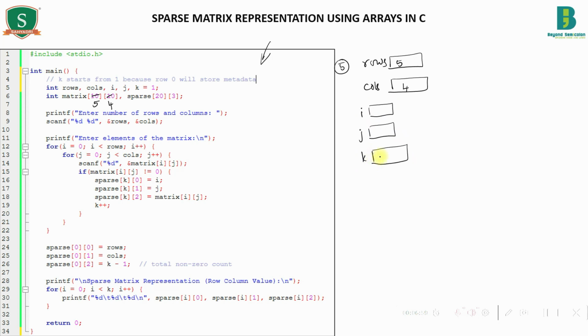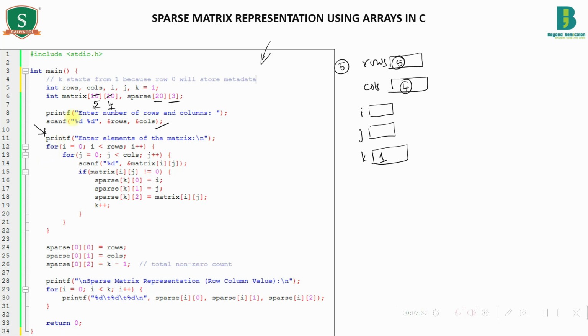For k, a value is already assigned, that is 1. Here we are assigning the matrix size 5 comma 4 and the sparse matrix size 20 comma 3. Here, enter the number of rows and columns. We are assigning the values 5 comma 4, and after that let us understand the main logic behind how you convert or represent a sparse matrix using arrays.